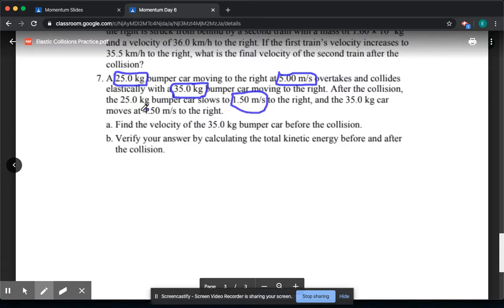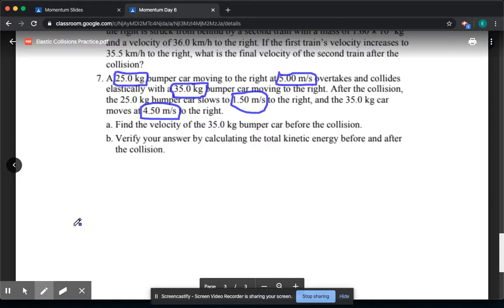Things get a little more complicated for the elastic collisions. This problem has two stages. We're looking for the velocity of a car before the collision, and then we're being asked to verify it via kinetic energy. Remember, for elastic collisions, now you can work with both momentum and kinetic energy.